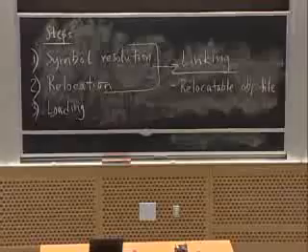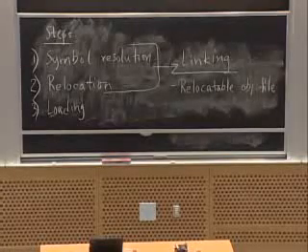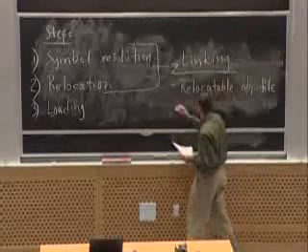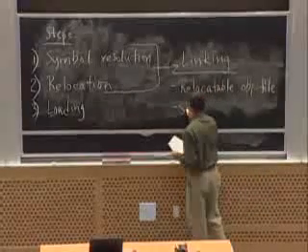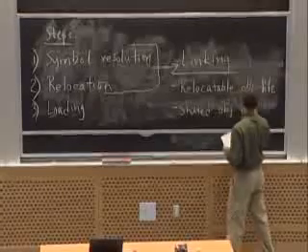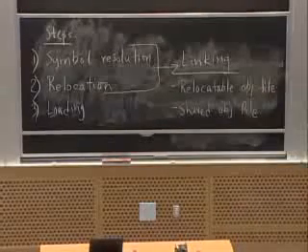Okay? Actually, there's 2 kinds. The first kind is a relocatable object file. And that's what we're going to be spending most of our time on. And the second kind of object file is something called a shared object file. We're going to get to this in a little bit at the end.